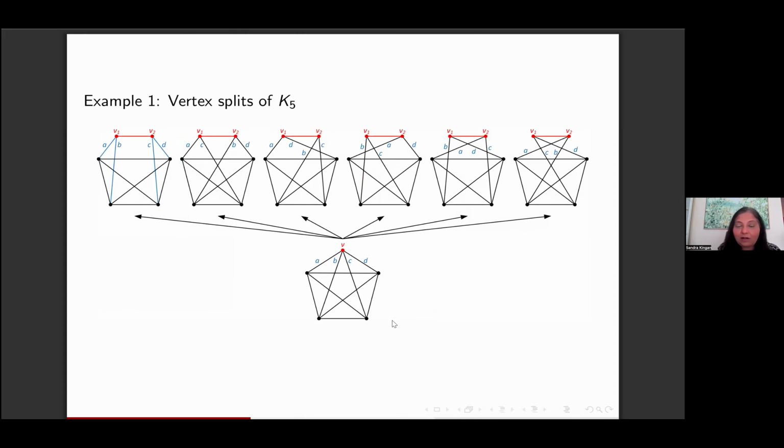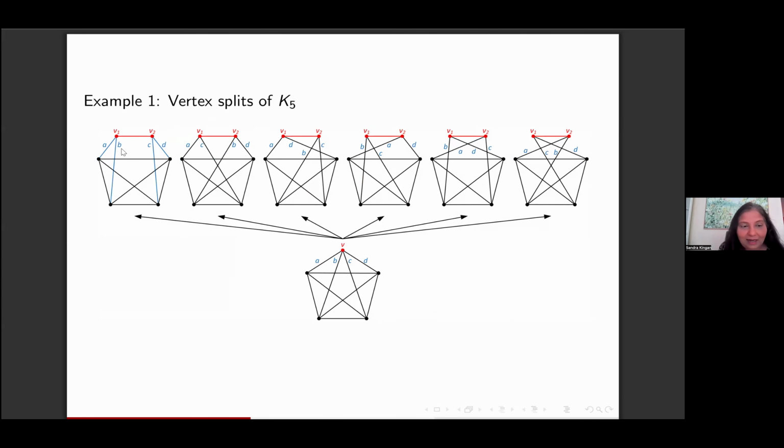So these are all the vertex splits of K5. Let me just jump ahead and say they're all isomorphic. But when you're actually calculating them, there's a whole bunch, right? So this is your vertex V. I broke it up as V1, V2 here, right?